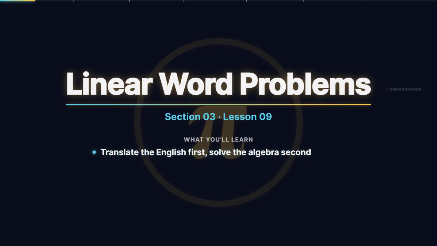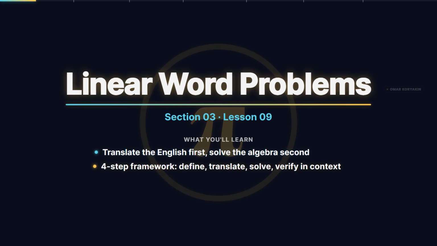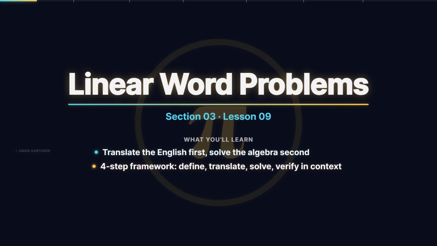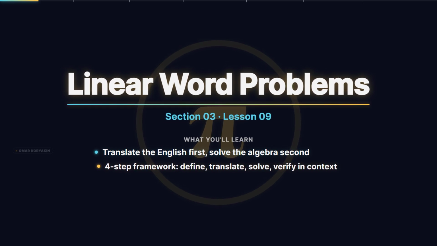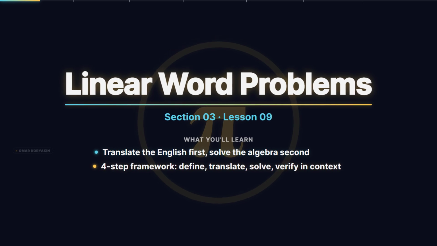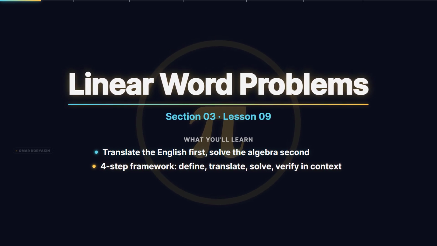Skipping any of the 3 stages, especially the variable definition, is the most common reason students get stuck on word problems. The discipline to walk through all 3 stages on every problem is the single biggest unlock for word problem fluency.